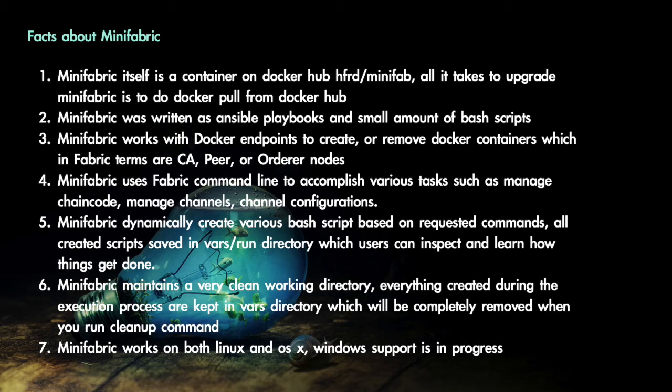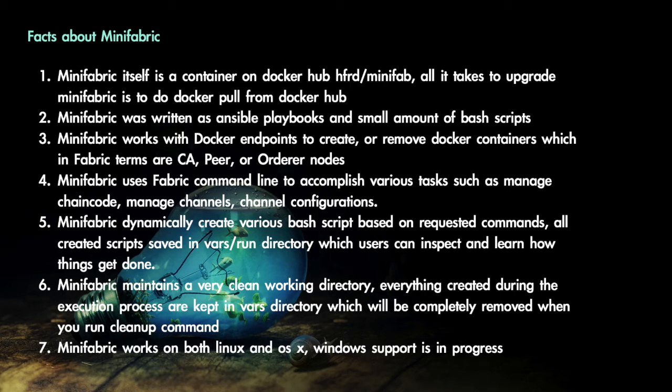Minifabric was written as Ansible playbooks and a small amount of bash script, and everything is packaged in a container. So if you look at your system after you put down Minifabric, you should only have one small script and a Docker container. Minifabric works with Docker endpoints to create or remove Docker containers.